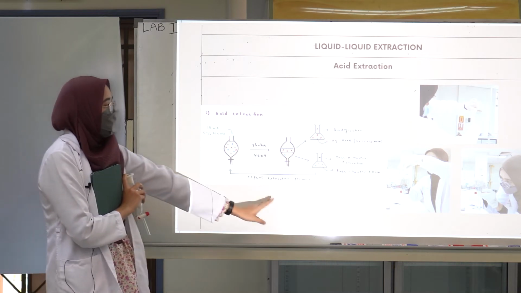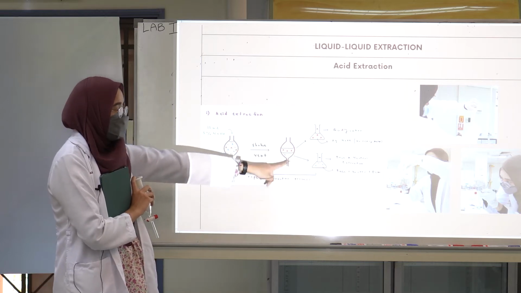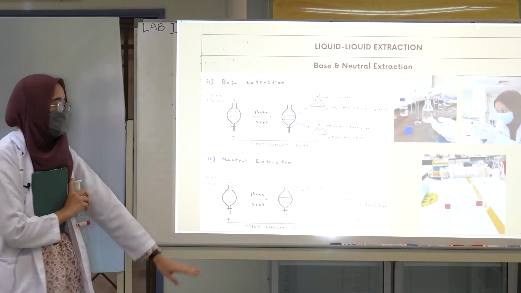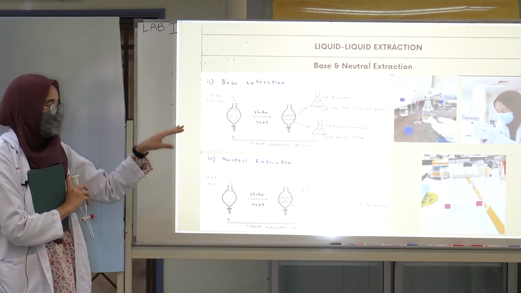After several times, you will have 2 different flasks, the acid flask and the mixture flask. So moving on, the mixture flask contains base, neutral, and DCM.